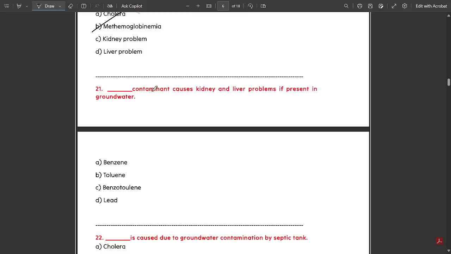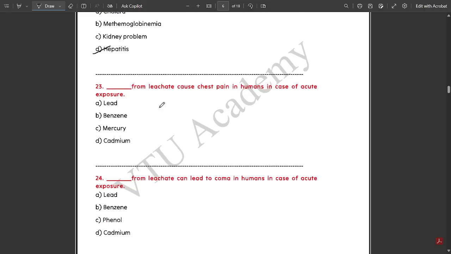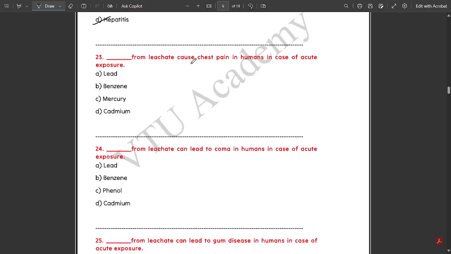Next question: dash contaminant causes kidney and liver problems if present in groundwater. The answer is benzene. Dash is caused due to groundwater contamination by septic tank. The answer is hepatitis. Dash from leachate causes chest pain in humans in case of acute exposure. The answer is phenol.